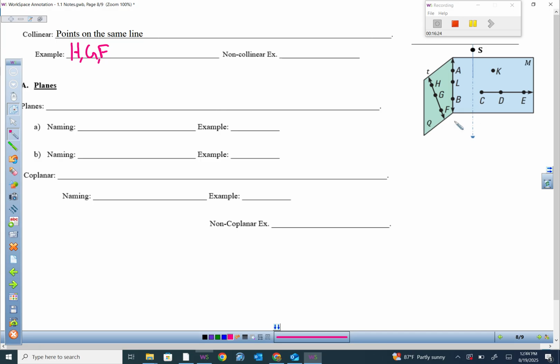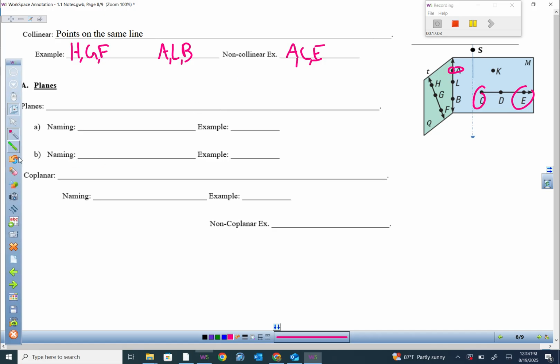Another collinear, A, L, and B are collinear. They're on the same line. Non-collinear example, you could do CDE, because that's not a line, so that would not work. ACE would not work, so ACE, those are not collinear because A is here, C is here, E is here. Those are not on the same line. You can see that pretty clearly. So collinear, same line. Non-collinear, not the same line.